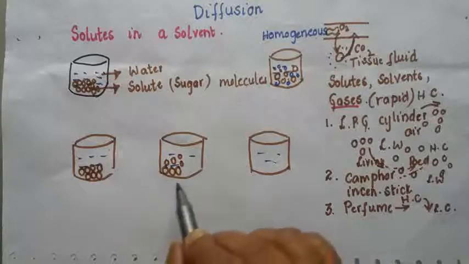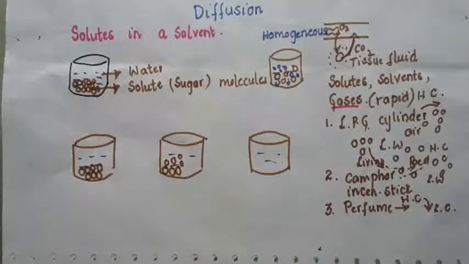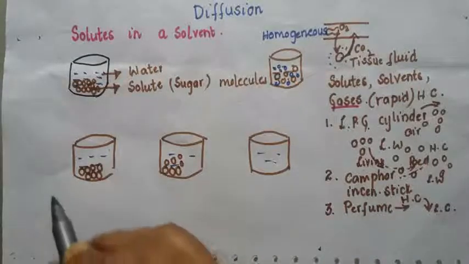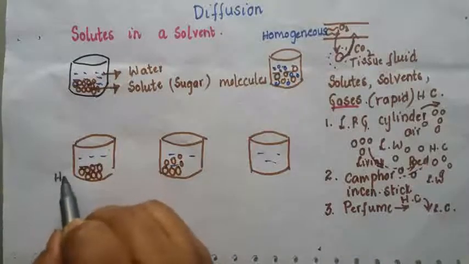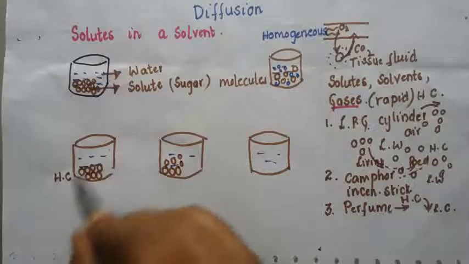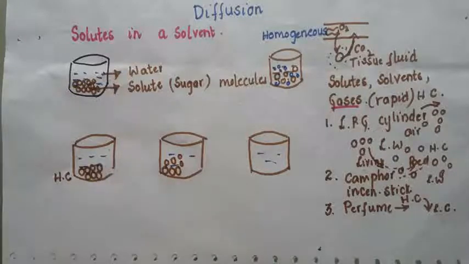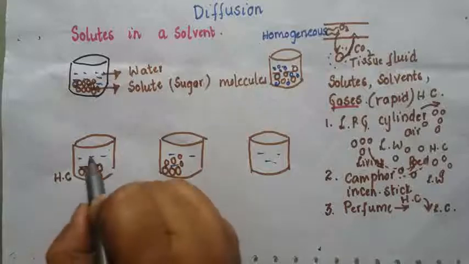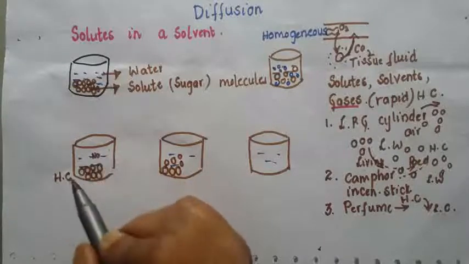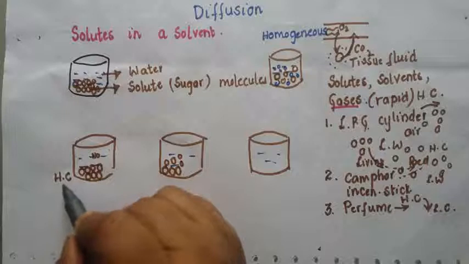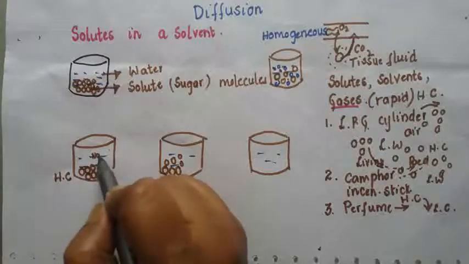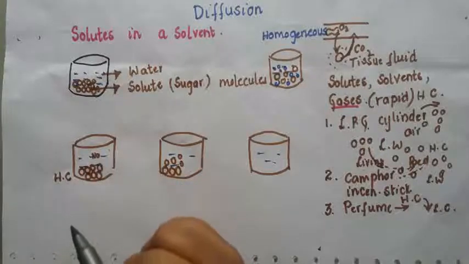So what you are observing here is diffusion. Molecules are moving from a region of higher concentration to a region of no concentration. In the beginning you don't find any sugar molecules there, so they are moving from a region of higher concentration to a region of no concentration.